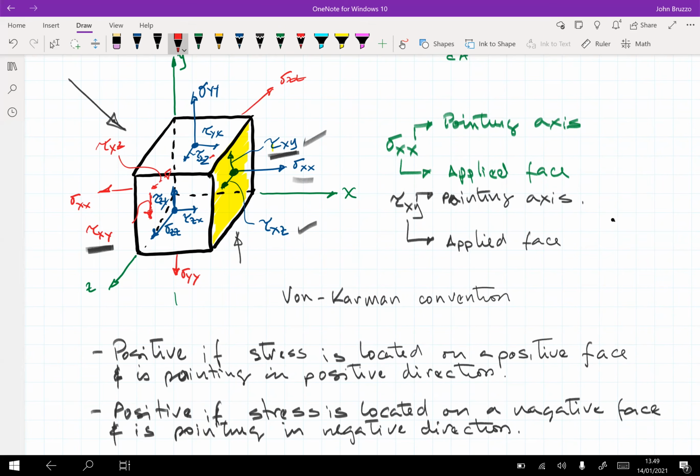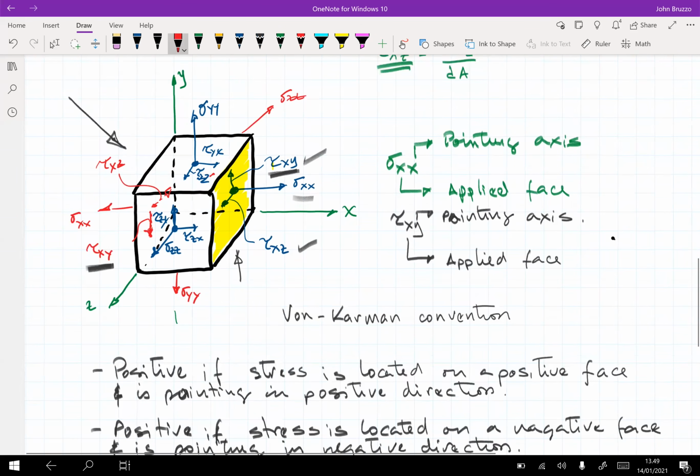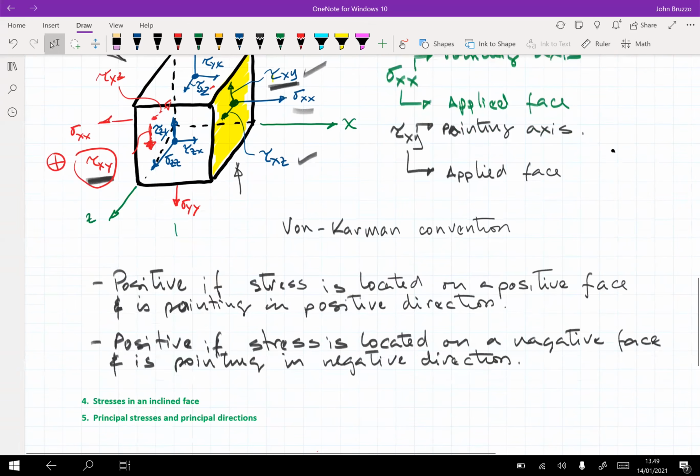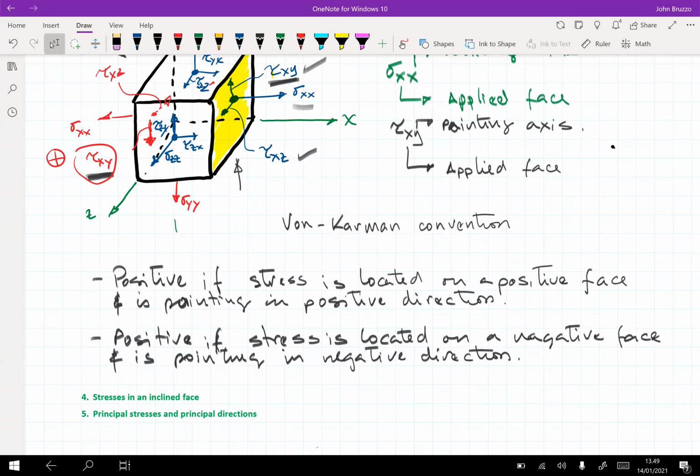This is the Von-Karman convention to define if a stress is positive or negative. Whatever is contrary to this is negative. We're going to use this convention always, so keep this in mind all the time.